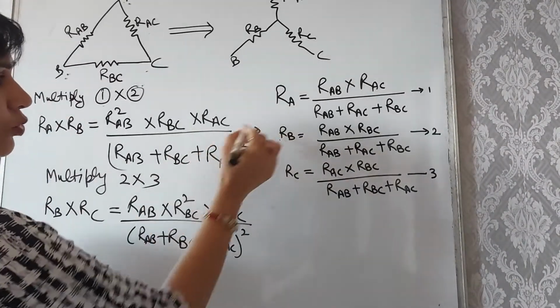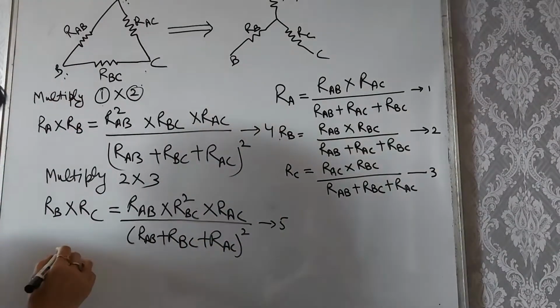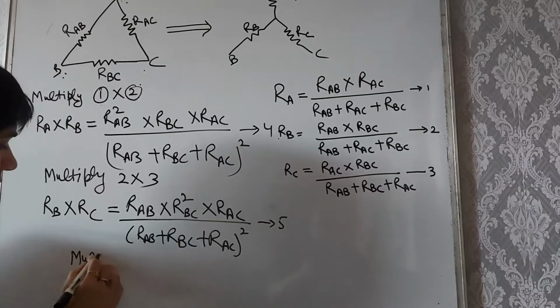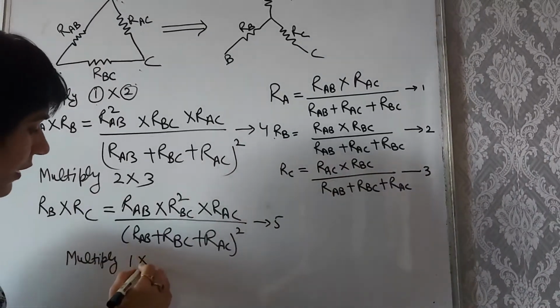Let's say this is equation 4, this is equation 5, and then multiply equations 1 and 3.